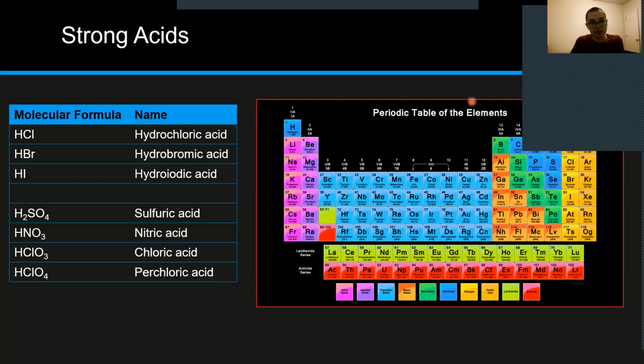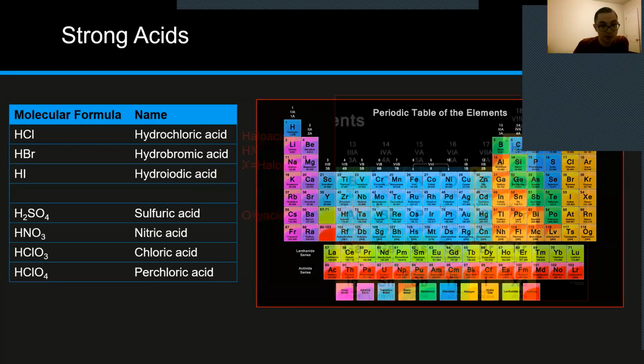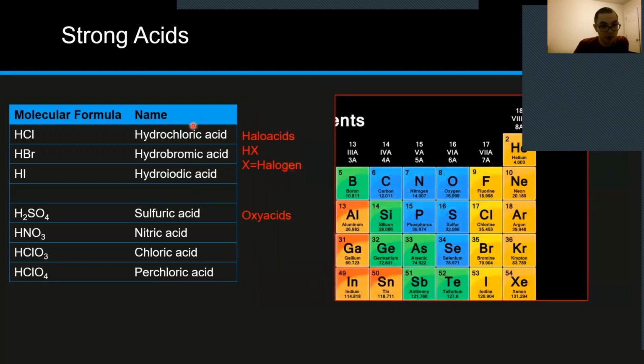The reason I have a periodic table here is so that we can start looking into ways to remember these strong acids. For me, I use a periodic table to remember these, and that's why I divided these into 2 groups. If we look at the top group right here, we have hydrochloric acid, hydrobromic acid, and hydroiodic acid.